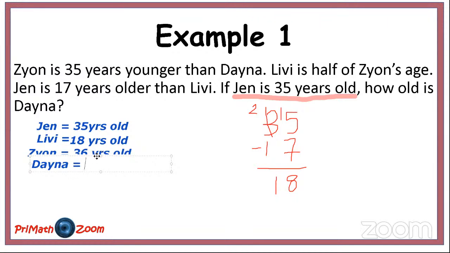So it says Zion is 35 years younger than Dana, and that means Dana is 35 years older than Zion. Am I correct, guys? Yes, definitely. To find that, we need to add those numbers together. Zion is 36, so we add 35 to 36. And as you guys said, Dana is 71 years old.